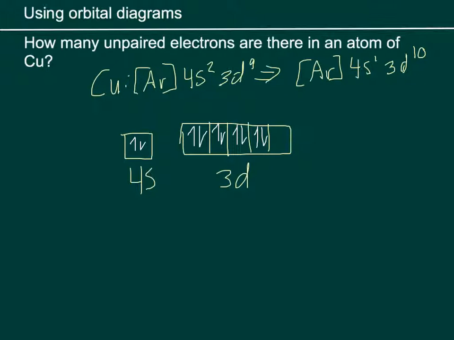This would be 4s2, 3d9. Okay, but that's not correct, because of this right up here where we change it: 4s1, 3d10.